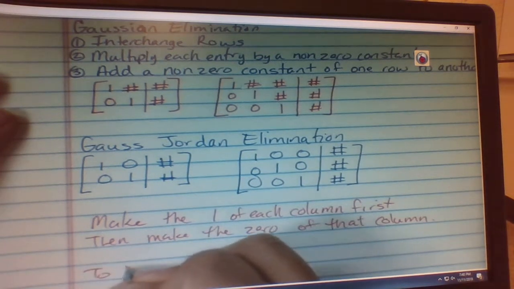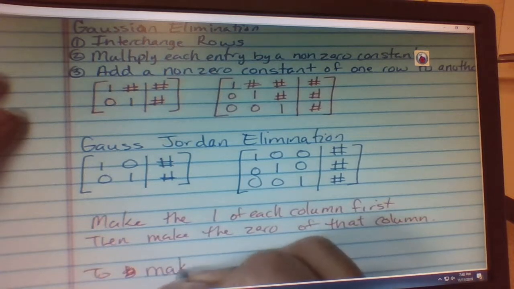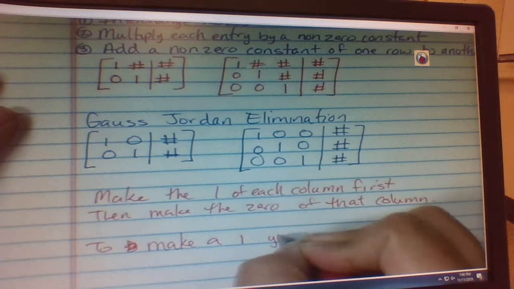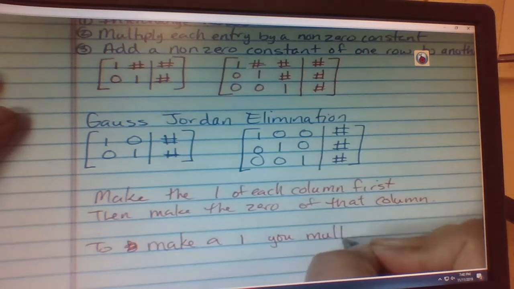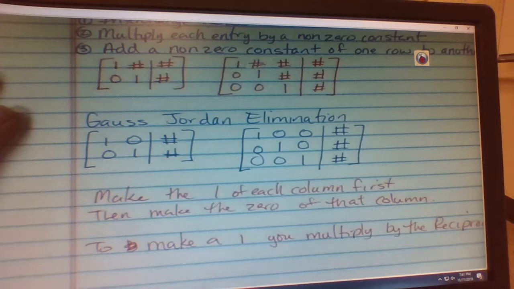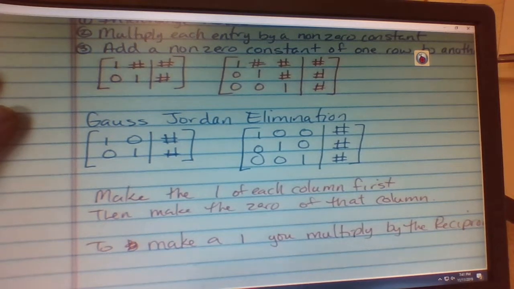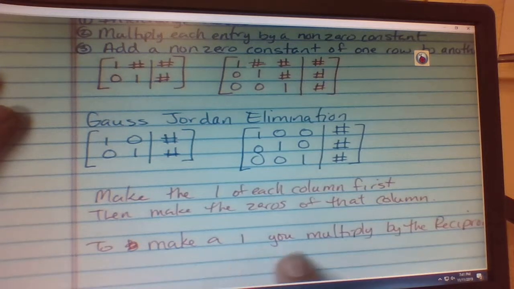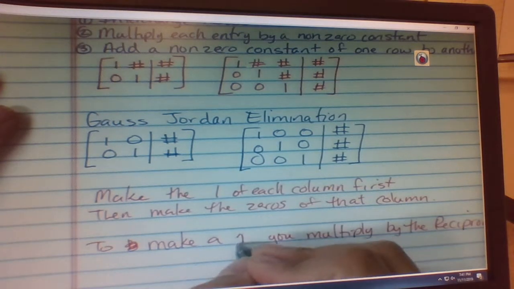To make a 1, you multiply by the reciprocal. So you make the 1 of each column, then you make the zeros of that column. To make a 1, you multiply by the reciprocal.